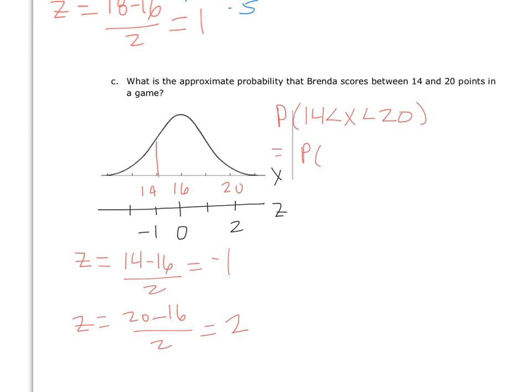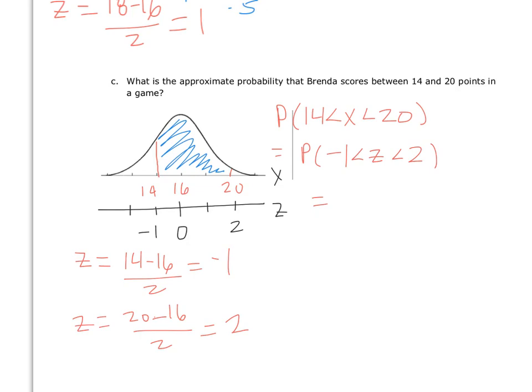So we are looking for this area between 14 and 20, which is also the area related to z between negative 1 and positive 2.